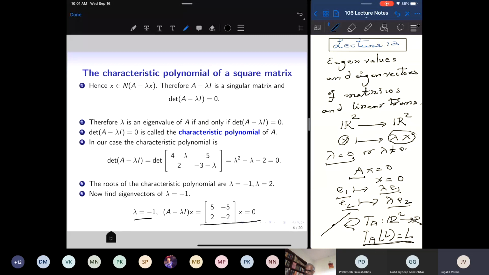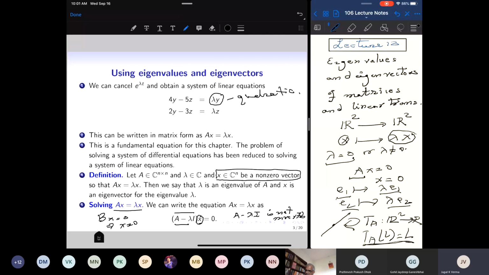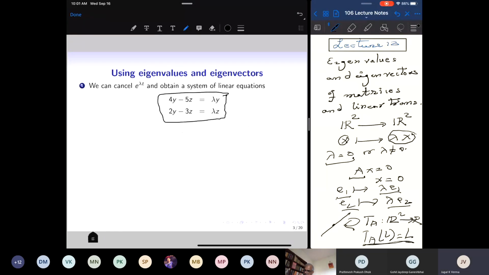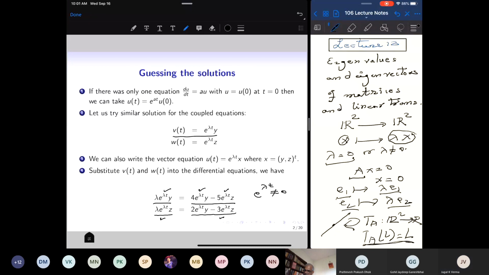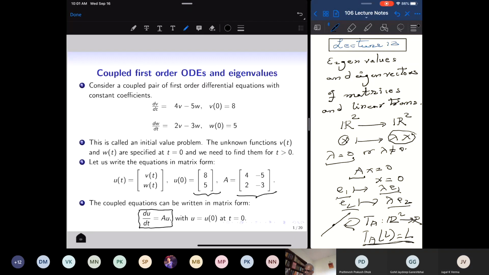The initial conditions were v0 is 8 and w0 is 5.